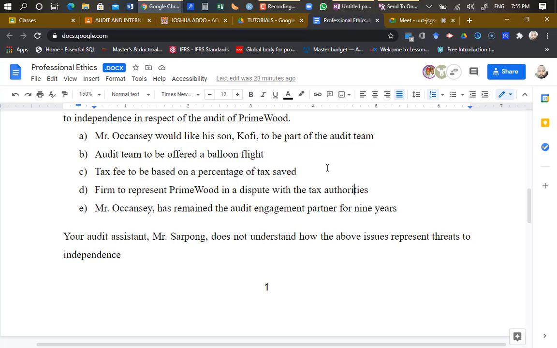But you have to use your conscience. If they give, let's say, Samsung A10 to the employees, but only you, the audit partner, and maybe the audit manager, you are given the latest iPhone, then that is some preferential treatment.